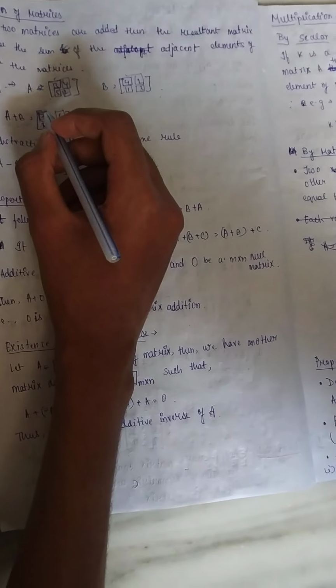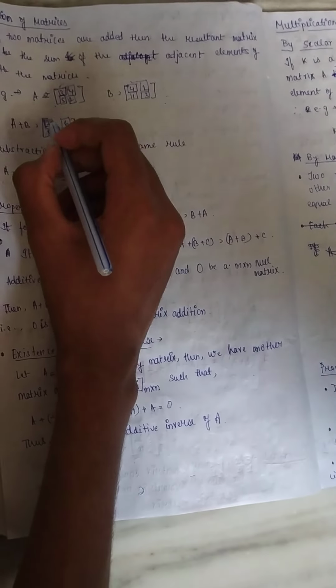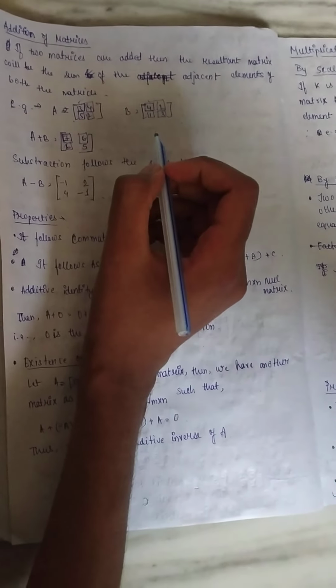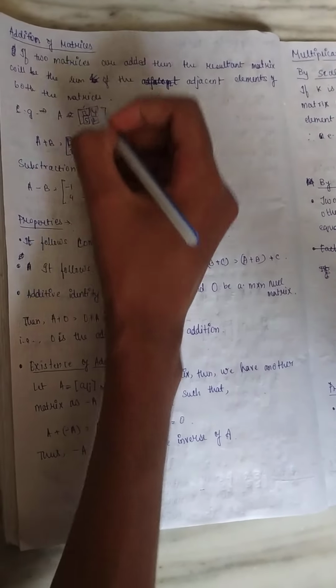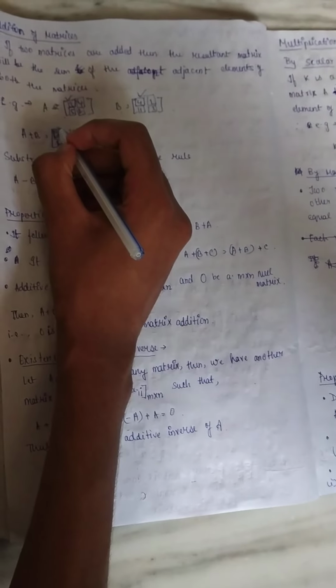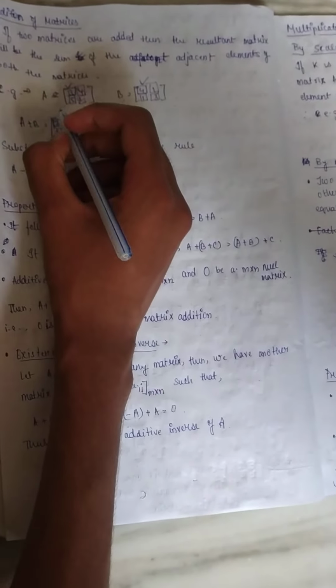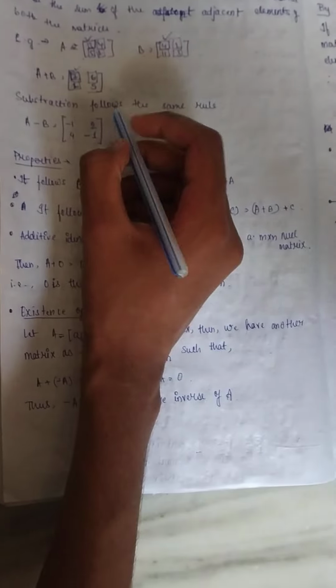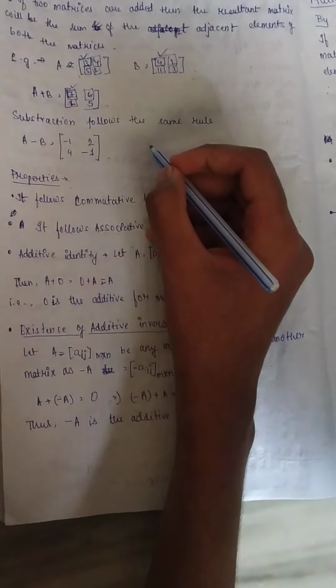So the resultant matrix formed is 7 6 6 5. This means the summation of A11 and B11 gives the A11 position of the resultant matrix, and the same goes for all the others, and the same rule is followed for subtraction.